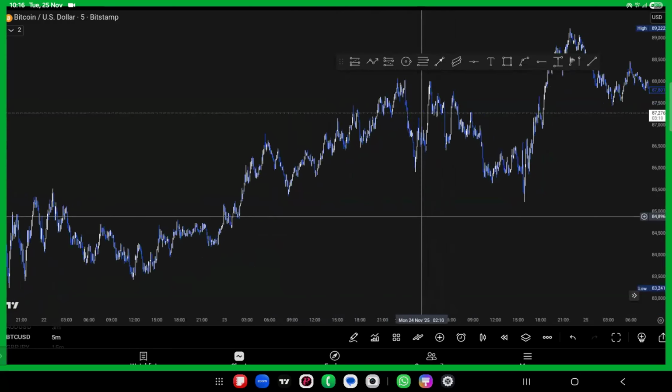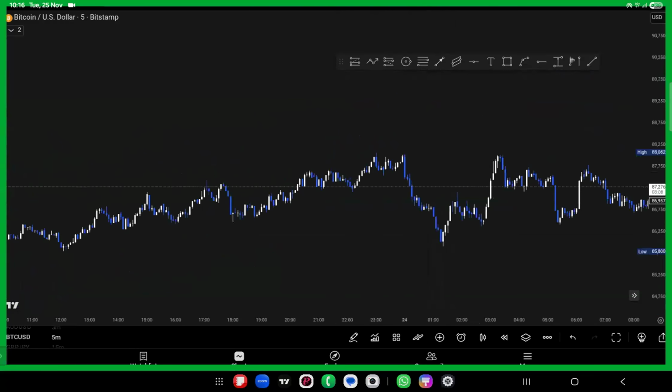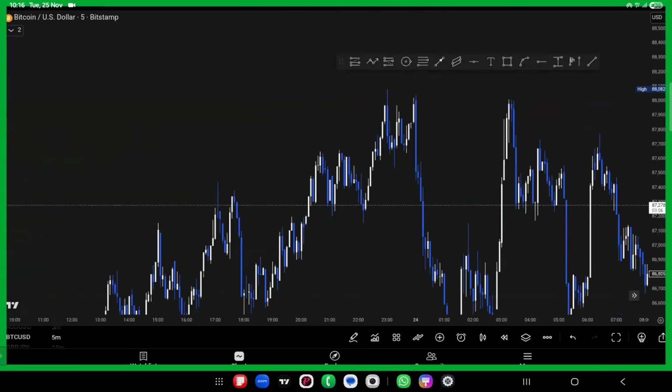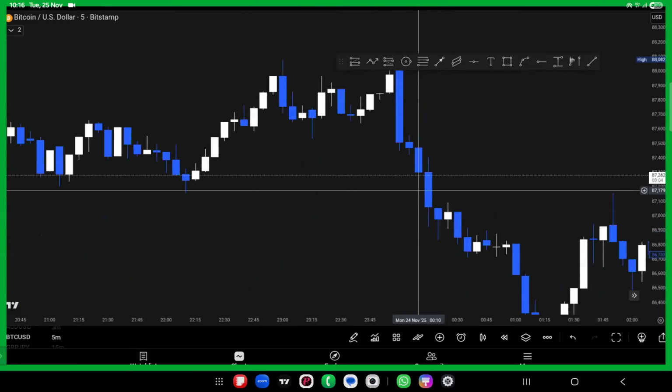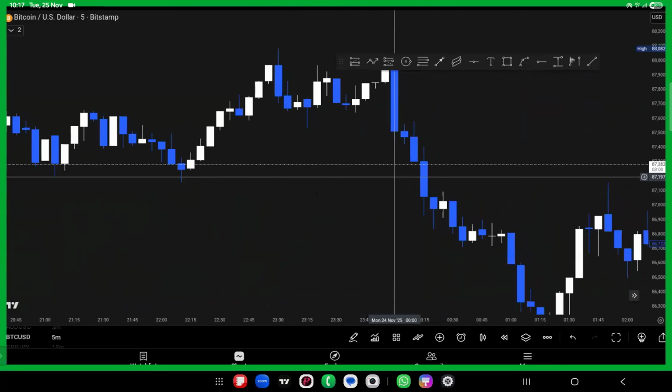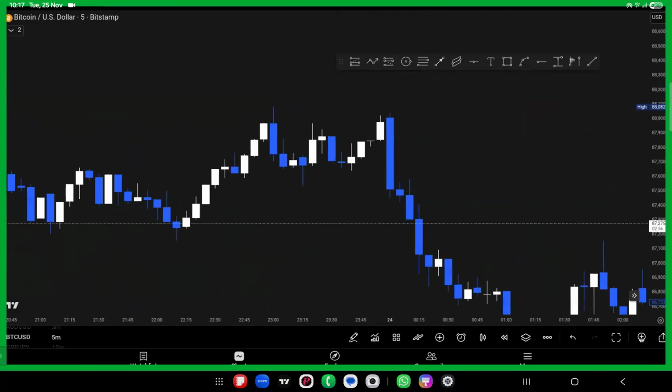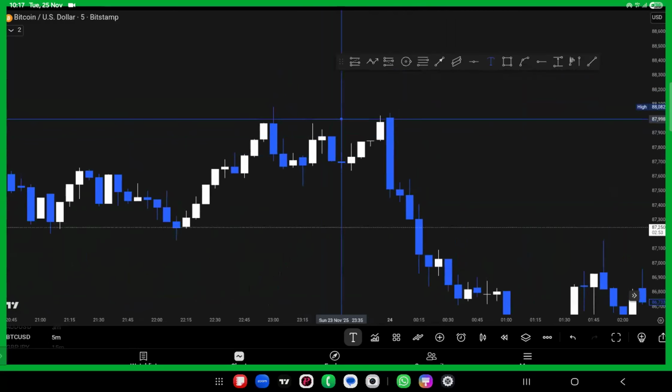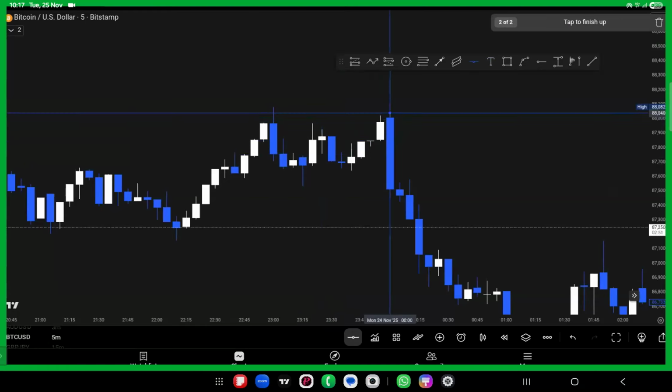Let's check the candle in particular. This was the candle that particular day started from. It's a bearish candle, so it will open at the top.